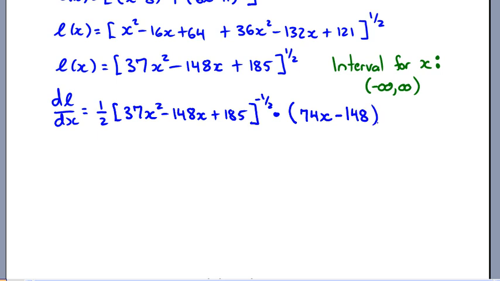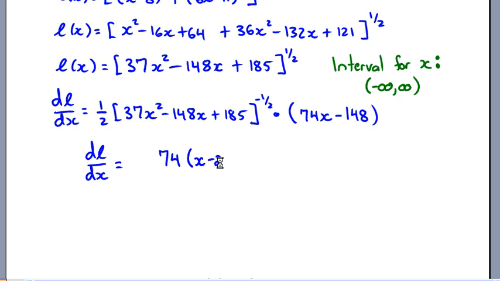And I'm wondering, when is that derivative equal to 0, or when is it busted? I'm looking for critical points. So let's go and rewrite this here a little bit. This dL/dx, kind of wondering, could you ever be 0 or busted? Definitely worth a little rewrite. How about we write this as a 74 on the top. I'm going to do a little factoring here.